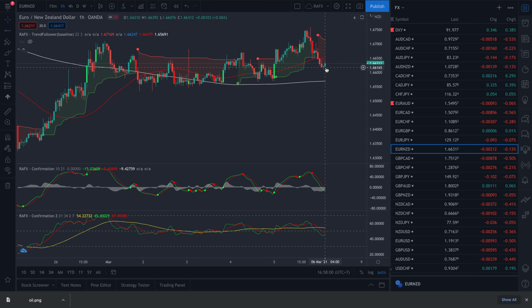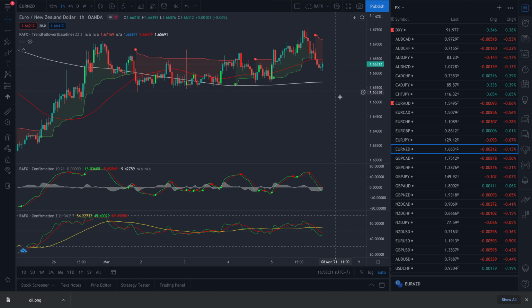The price should be above the 50 baseline. Confirmation 1 gives us a long or buy signal, and confirmation 2 should be in the buy zone, but as of the moment those indicators are not showing yet.